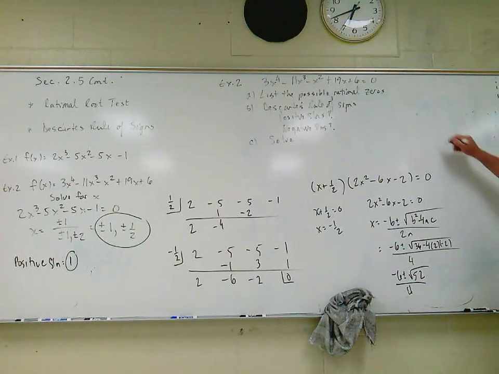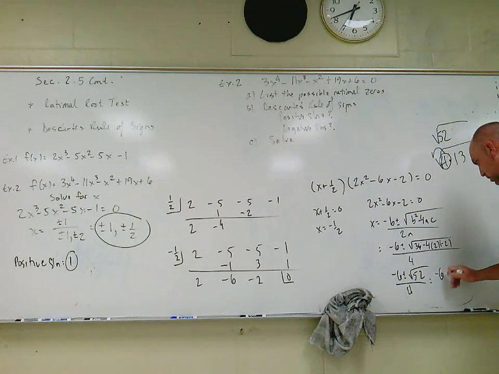Square root of 52 is the same as 4 times 13, right? So the 4 goes in front as a 2. So -6 plus or minus 2 times the square root of 13 over 4.